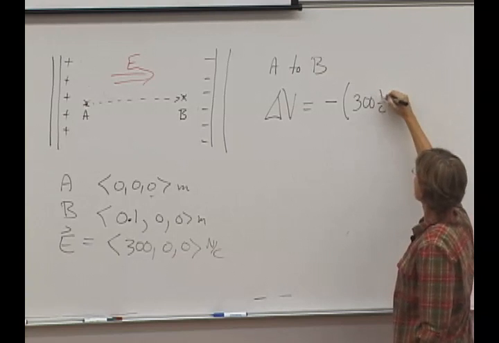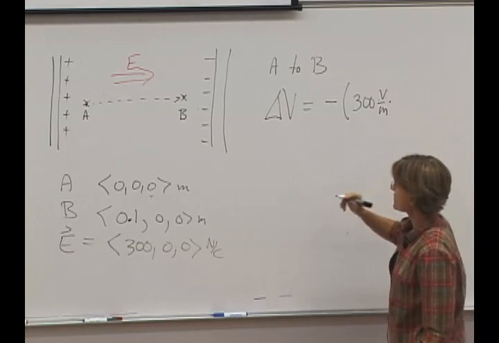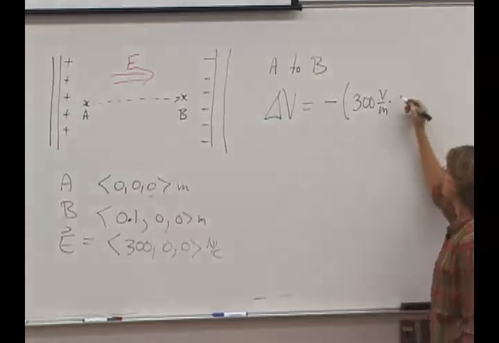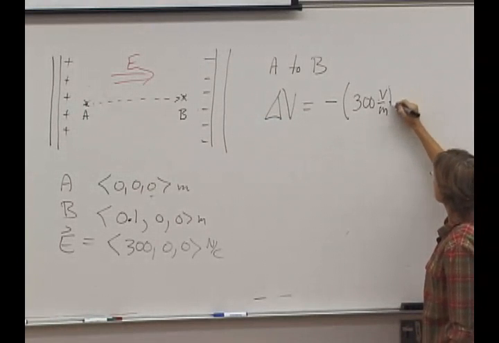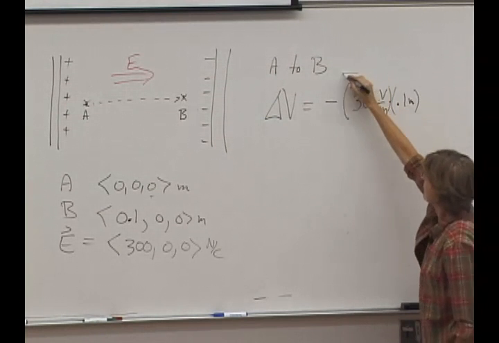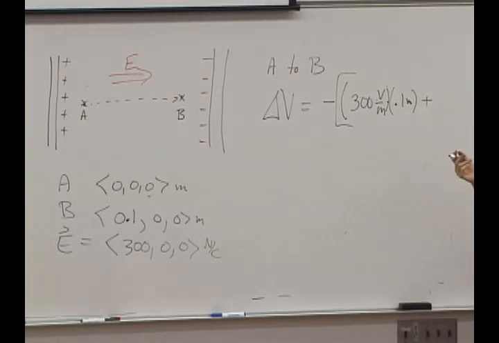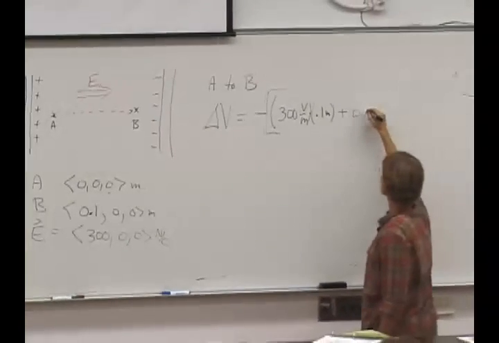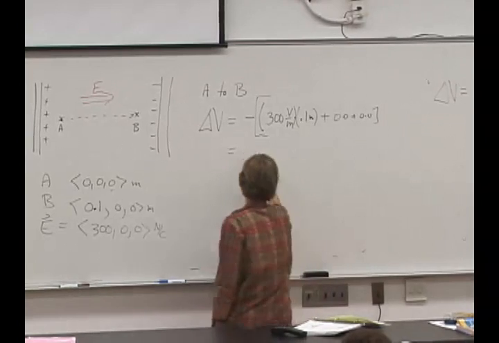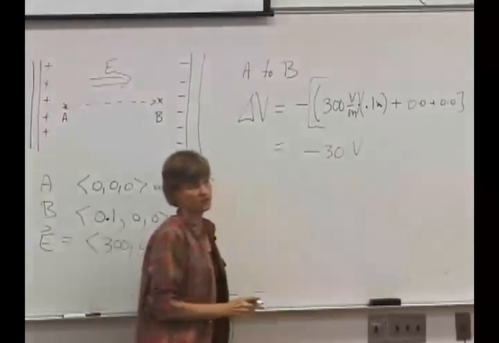Maybe I should write it as volts per meter, so it's obvious the units come out right. Times, what's delta x? It's plus 0.1 meters, isn't it? And then E_y and E_z are 0, and so there's just 0 times 0. So we get a negative 30 volts. So what'd you get?